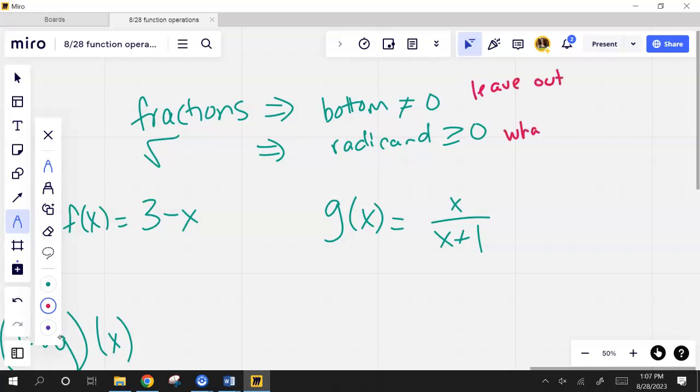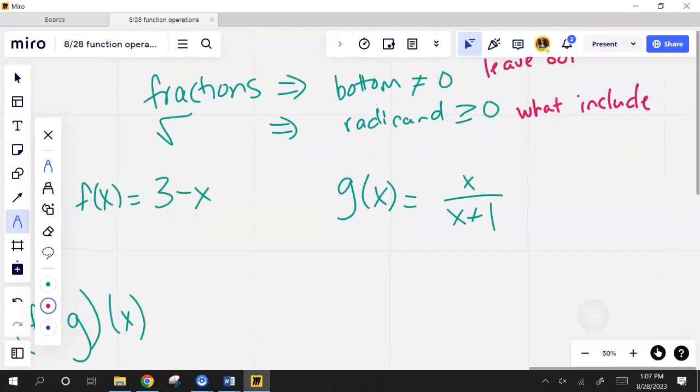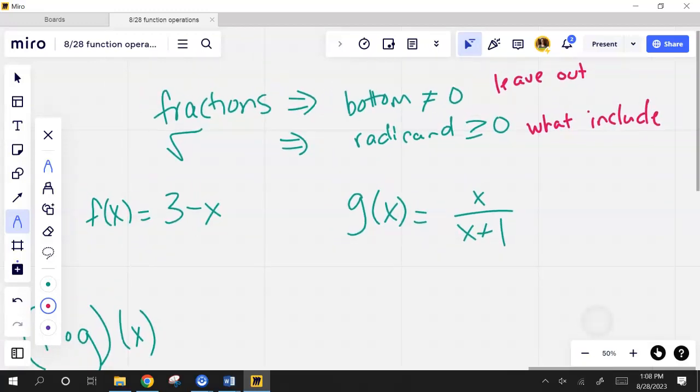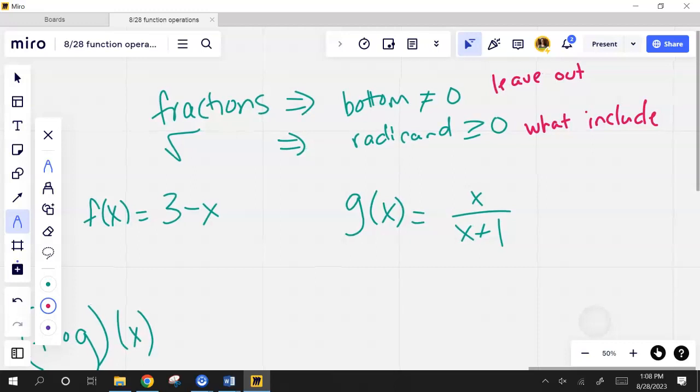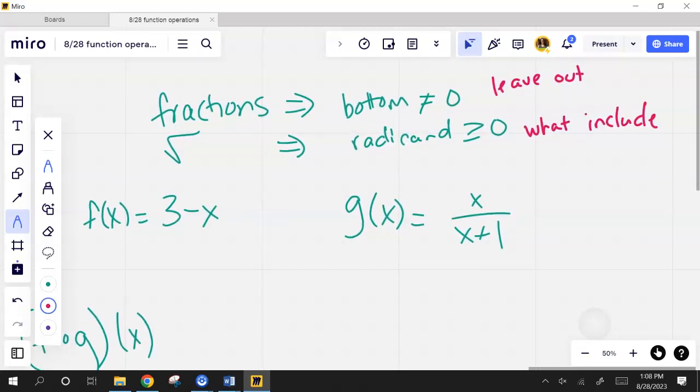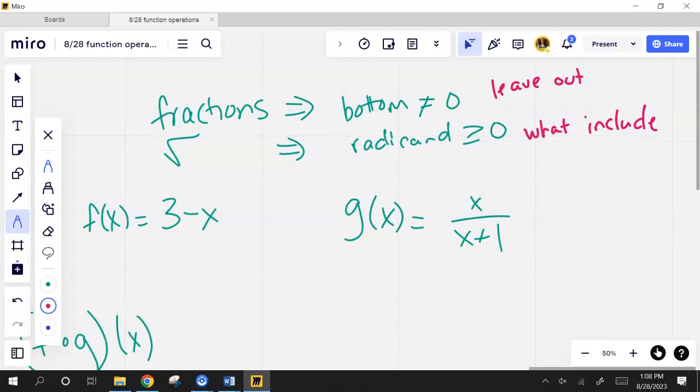This tells me what I include. That's for your domain.